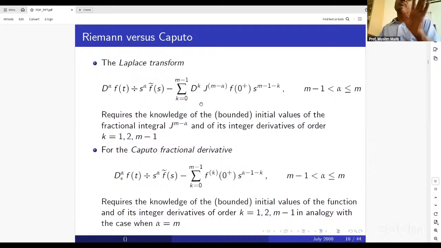Because we want to find this Laplace transform, and for finding the Laplace transform we need this piecewise exponentially bounded function. Due to that, we also need the initial values of the fractional integral to be bounded for this D^alpha f(t). So this is one bad thing with the Riemann-Liouville fractional derivative.